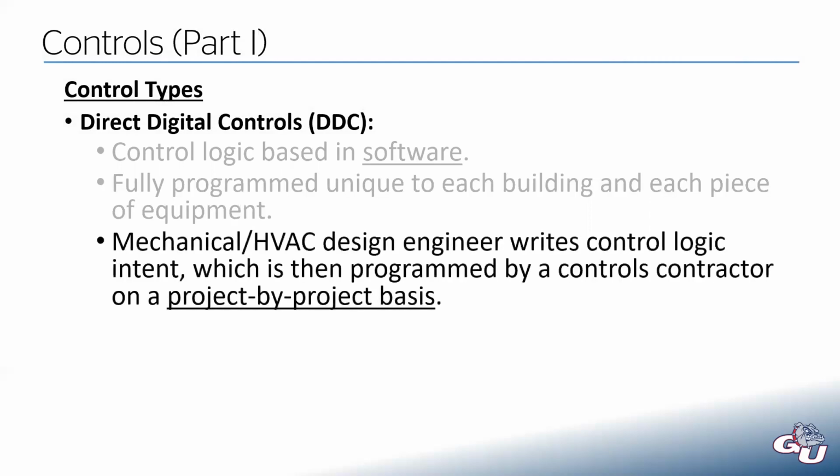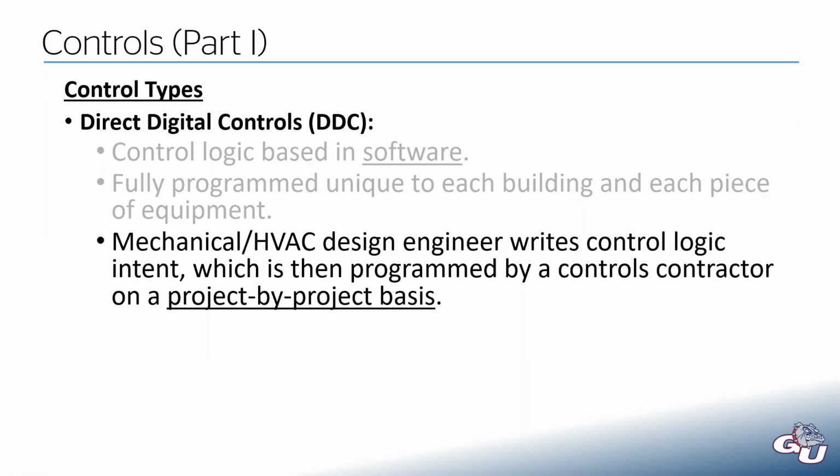The way this works is the mechanical engineer. So this would be me in my current role as a design engineer. I would write the control logic intent, which is an important distinction. I'm not writing the programming itself. I'm not writing the control logic in C++ or any other control language.